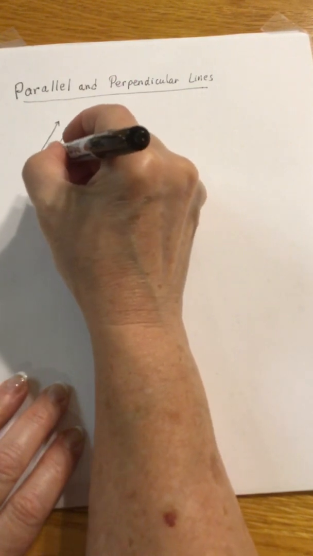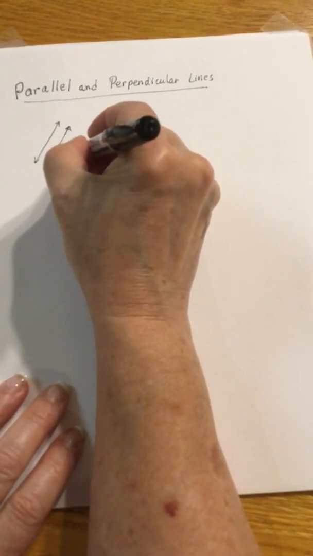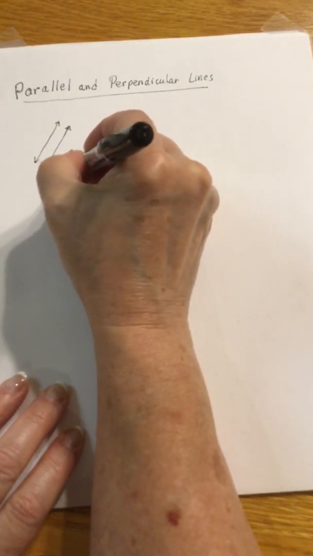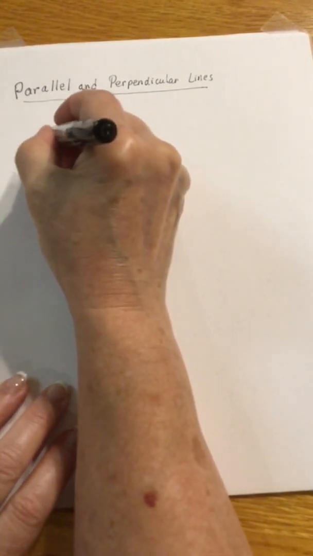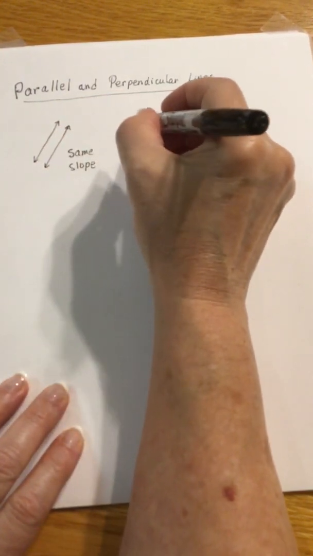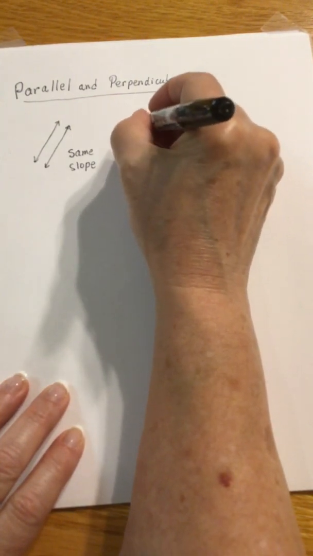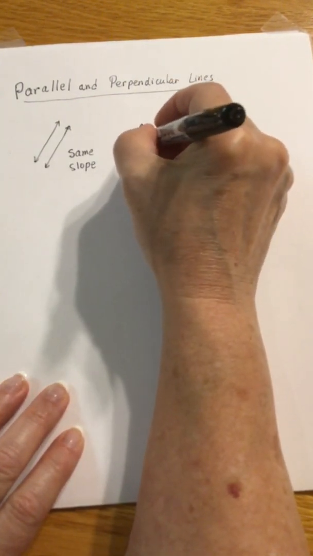So parallel lines would have the same slant of the line. So parallel lines have the same slope. The rise over run would be the same in both of them. Perpendicular lines are those lines that intersect in 90 degrees. So that would be perpendicular.